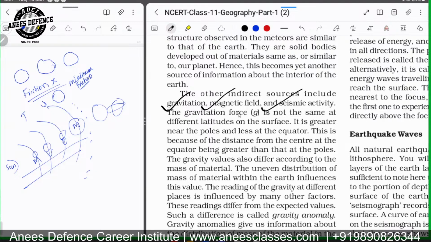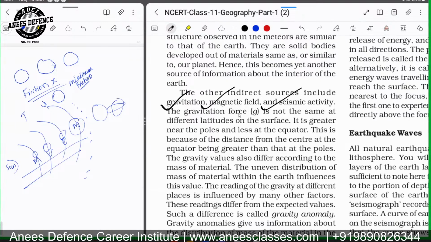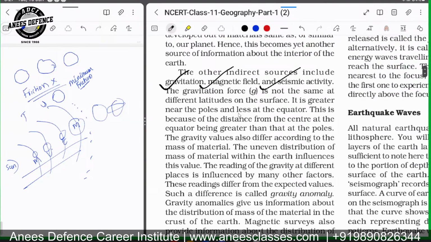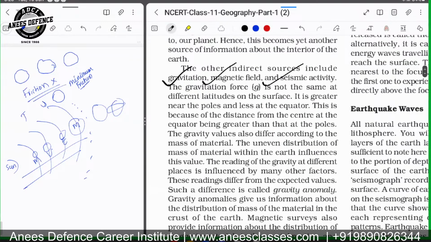Gravitational force is not the same at different latitudes on the surface. While studying physics, you take different values of G at the pole and at the equator. So tell me, is the value of G, the value of gravitational force, greater or lesser at the equator compared to the pole?